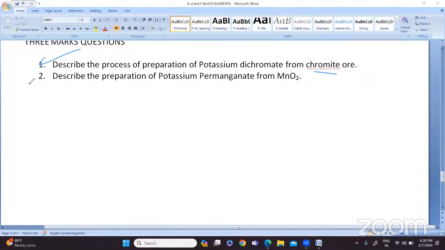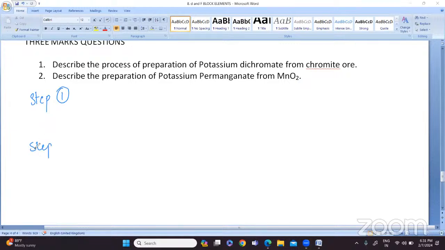Next, second question. Describe the preparation of potassium permanganate from MnO2. How are we going to prepare KMnO4 from MnO2? Here also it involves three steps.